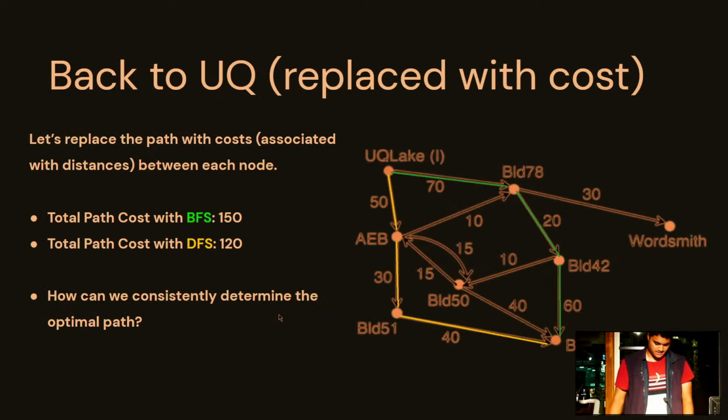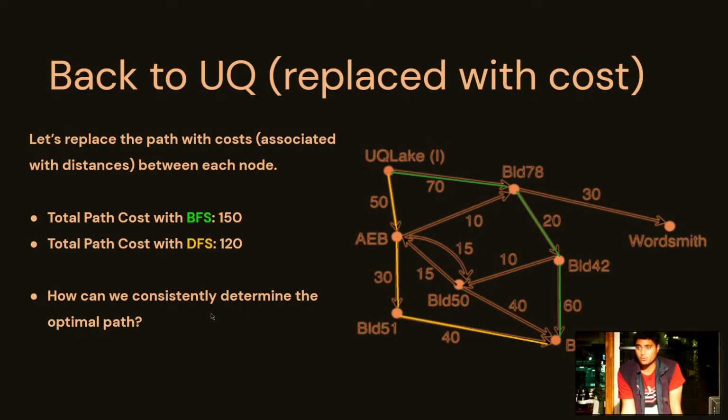So here's an example if we take the paths that we got from the BFS and DFS. BFS is the green path that we found, and that's a total cost of 150. And the DFS path is a total cost of 120. To calculate the costs, you just add the paths together. So the green is just 70 plus 20 plus 60, and the yellow is 50 plus 30 plus 40.